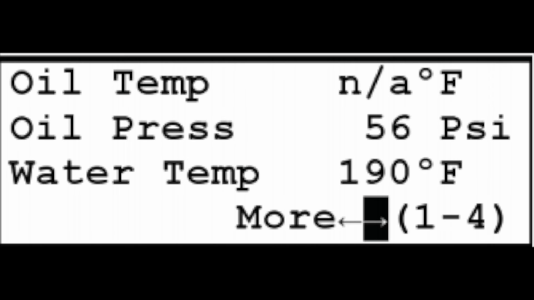Line 2 is oil pressure in pounds per square inch. Line 3 displays coolant temperature in degrees Fahrenheit, and then there is a more field to allow page selection. If any of these signals are not configured, they will display NA for their value, such as oil temperature shown above. So let's see what happens when we click on that more page.